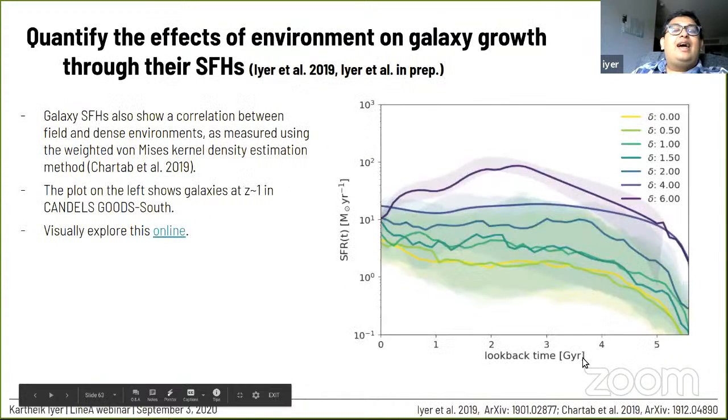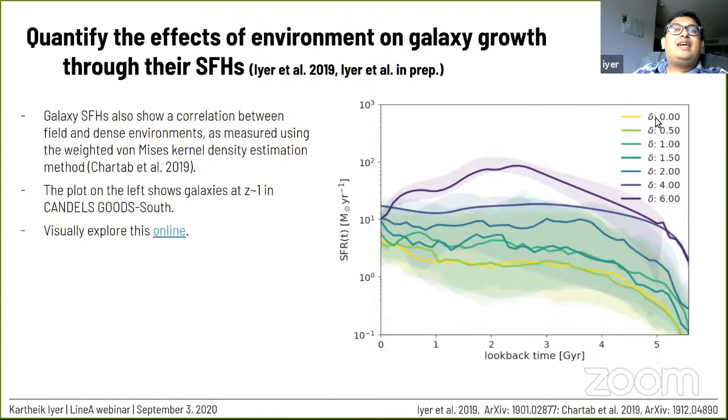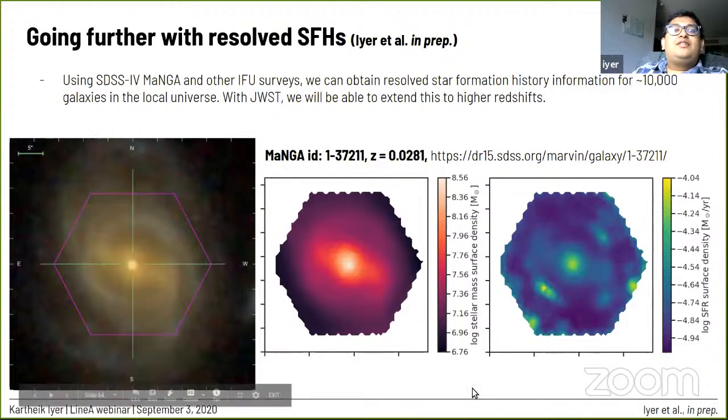And we can look at the effect of environment to see that for, again, galaxies at the same mass and redshift, how does the star formation history profile change as you change its locality? So whether it's in a relatively dense versus a field environment. And so all of this allows us to get a fuller picture of star formation histories and how the timescales involved in them correlate with the processes that we otherwise measure through environment or morphology to quantify how galaxies grow.